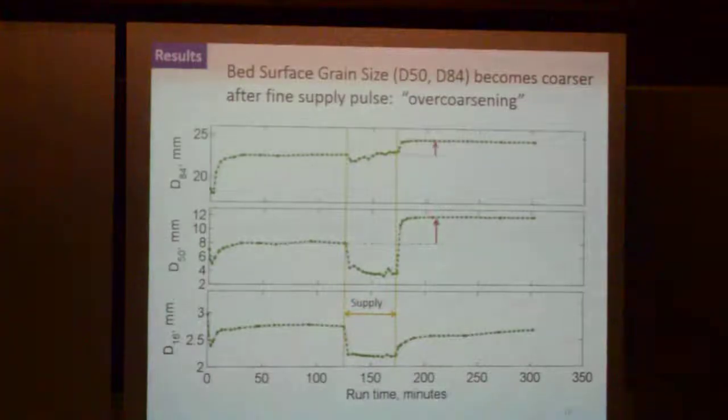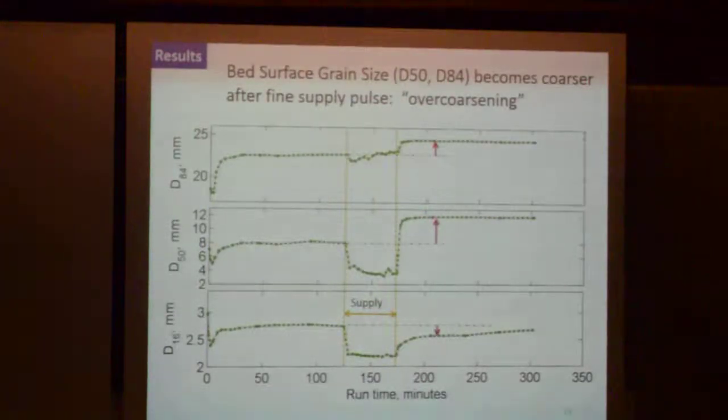We can also see that the D84 size also showed coarsening as well. And just because it got coarser than what it did before, and the coarsening happened as a result of adding a smaller size, I'm just going to refer to it as over-coarsening there.